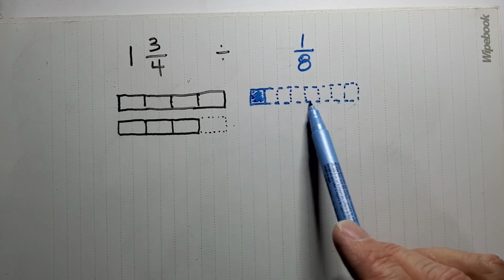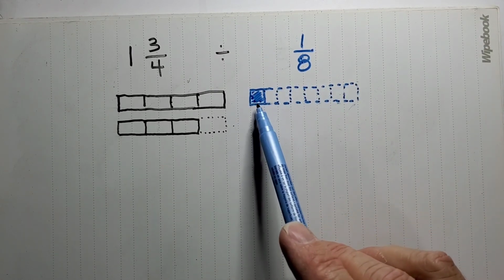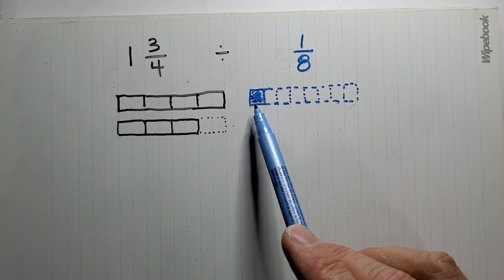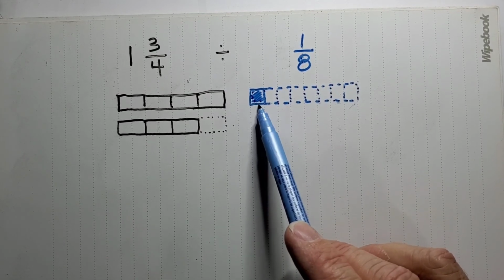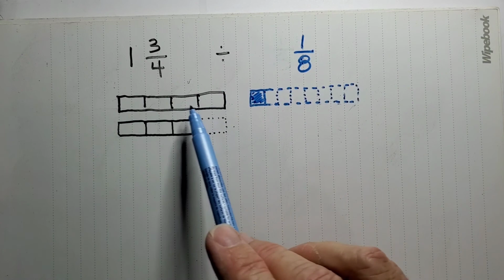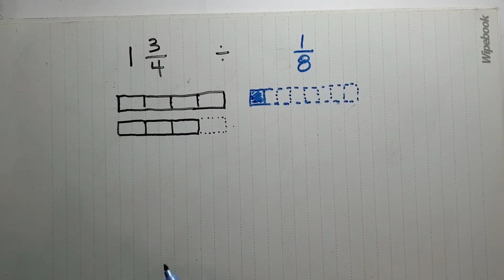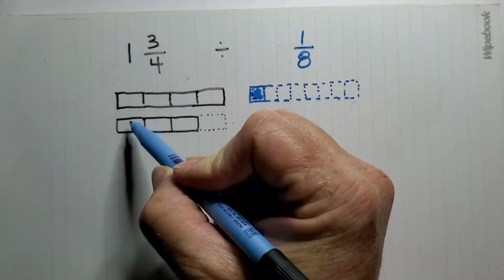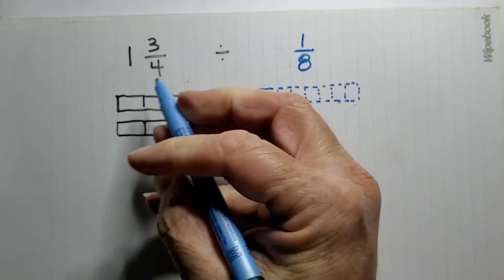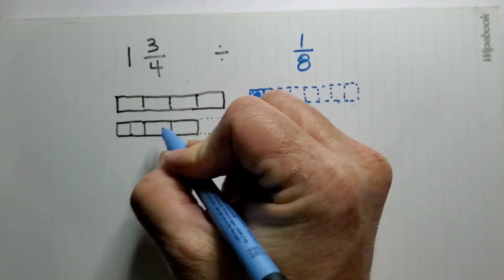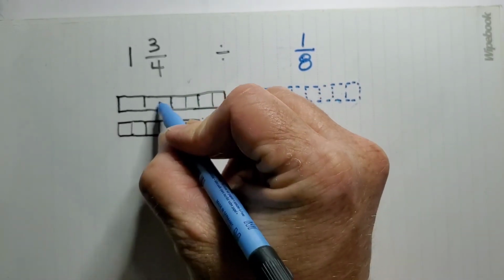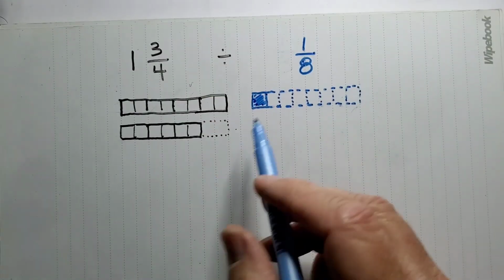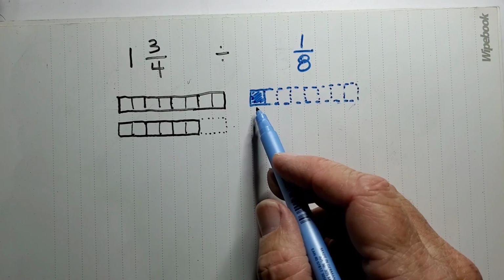Over here, this is the entire whole, and we just have 1/8. So what we want to do is figure out how many of these 1/8 pieces will fit into our 1 3/4. Well, we might need to draw our 8s in here so that we can count them all up. Each of these pieces is now 1/8.